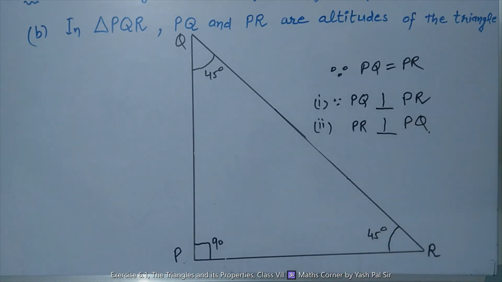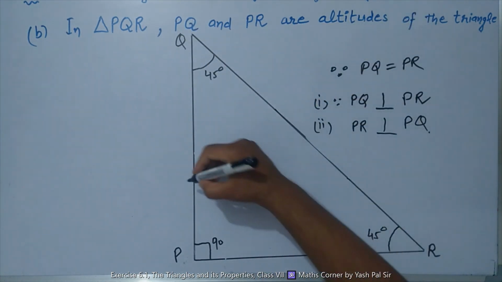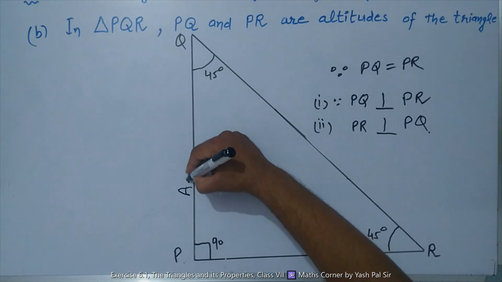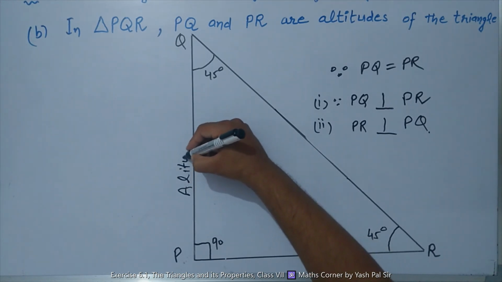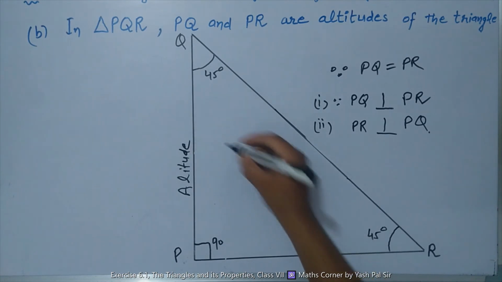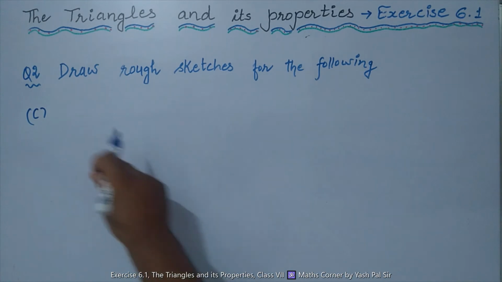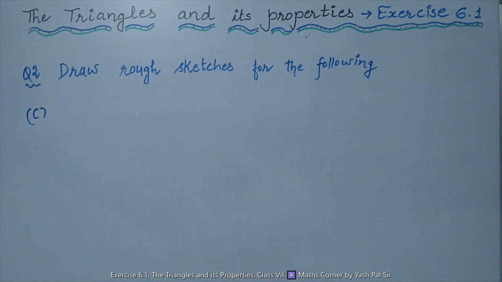So this way what we can say, PQ and PR are altitudes. This is an altitude and this is also an altitude. Right? Now we shall discuss the C part of question number 2.